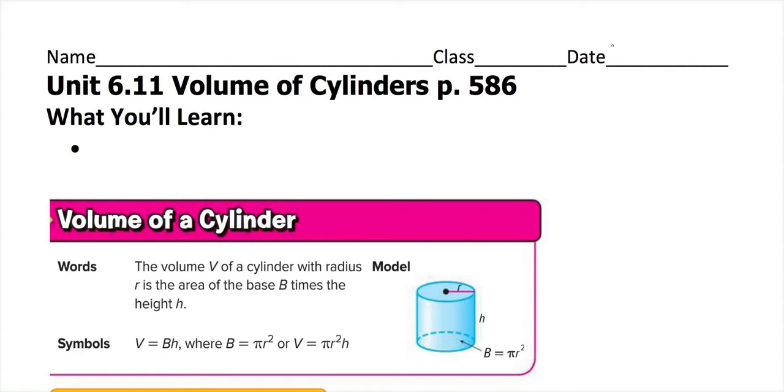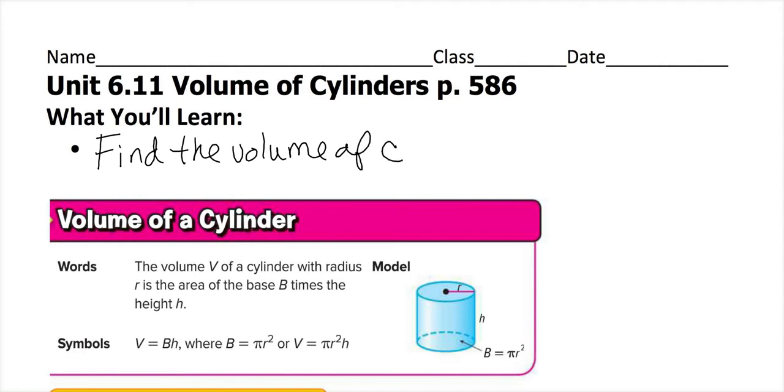We are going to simply find the volume of cylinders. Make sure you have a calculator with a pi button. Do not use your cell phone. You'll need an actual pi button.